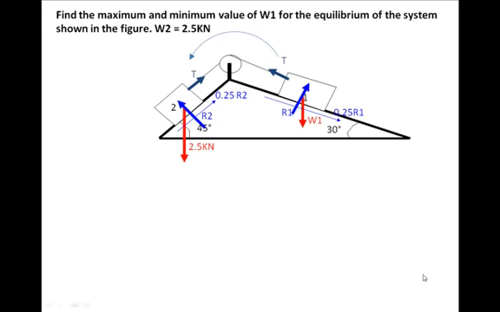Now again, we write sigma Fx equal to 0, sigma Fy equal to 0, taking this for body 1, the inclined plane's direction as the x-axis and perpendicular to that as the y-axis. If I do that, I'll get T minus 0.25 R1 minus W1 sin 30 is 0. Again, I must explain that the reason we have taken T positive is because for this, the upward direction is the direction of motion, so all forces in that direction will be positive and downward will be negative.